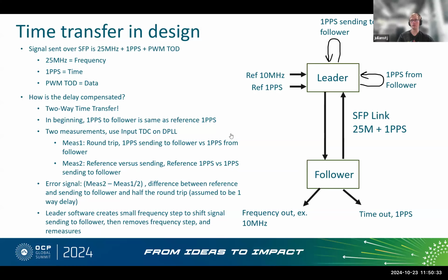Oh, yeah. If you meant the point that I said earlier about just use Ethernet, I was meaning that the core link that you're trying to transfer is the 25 meg with the 1 PPS, right? That's what you're sending over the SFP. Okay, yeah. And let's say that's not Ethernet. No. If you look at it on a scope, it's literally 25 meg rising edges. I gotcha.